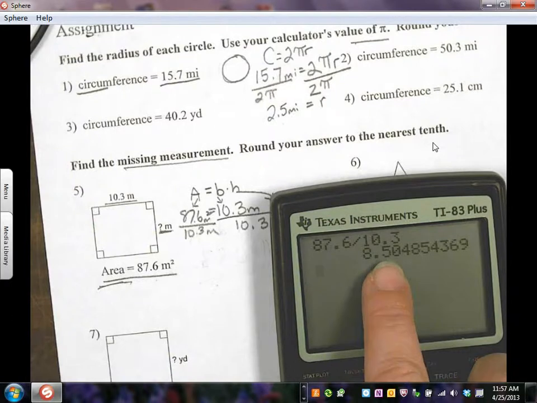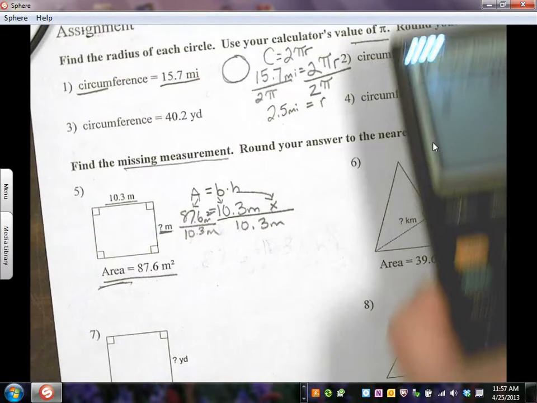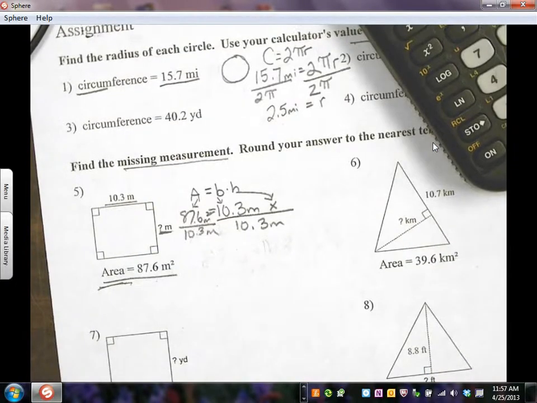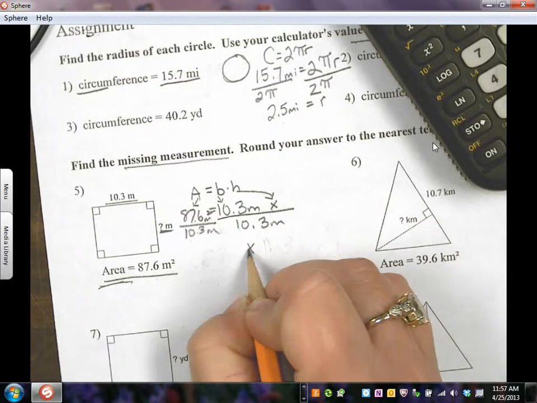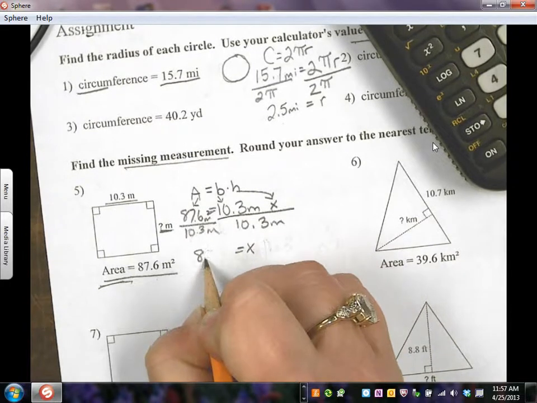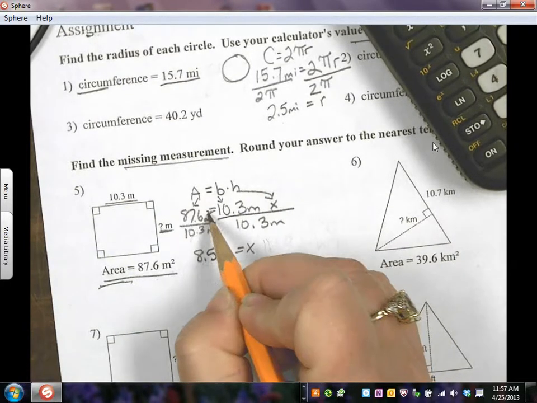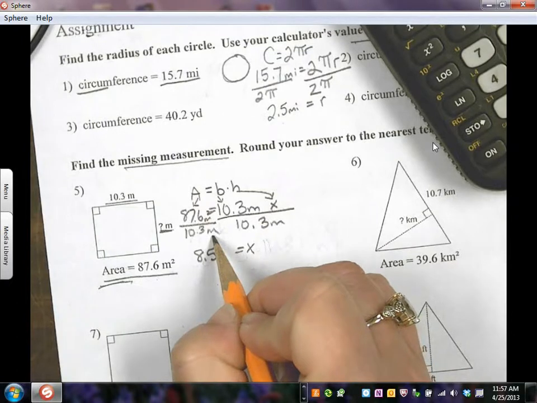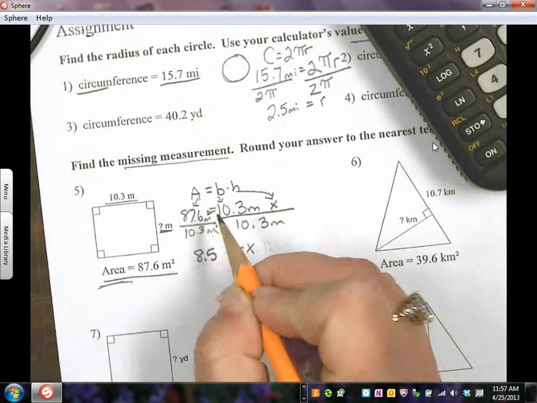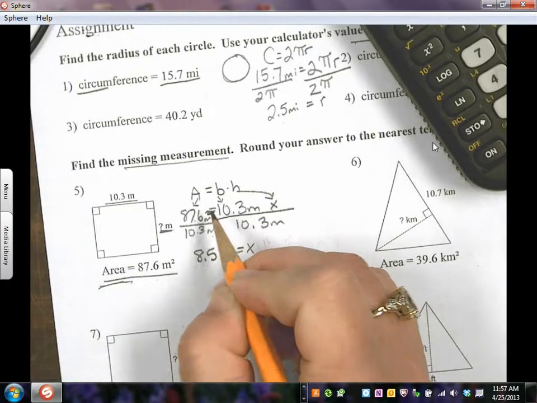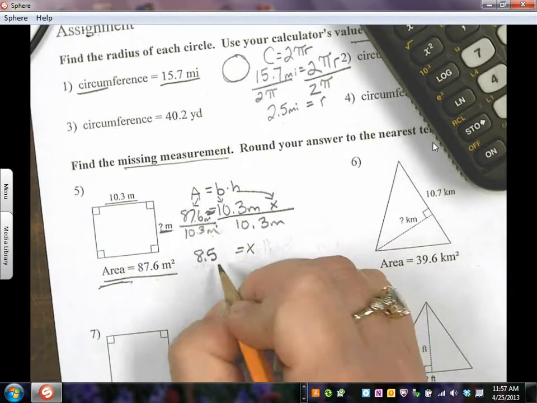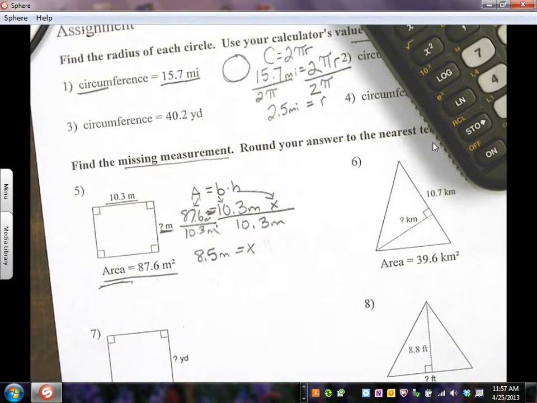So look at the tenth place, look just to the right, it's a 0, so it's not a 5 or more, so my answer is going to be 8.5. So I know that x equals 8.5. Now meters squared divided by meters, remember the exponent rule. This is m to the 1, m to the 2. When we divide, we subtract our exponents. So that means I'm going to have just 1 meter.